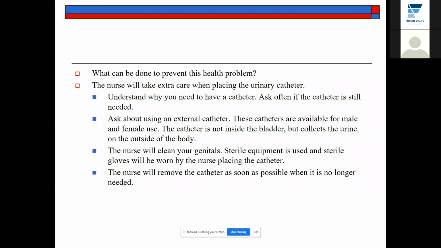Who are the patients who need a Foley's catheter? Under aseptic procedure, what else, in normal conditions, not a procedure? If a patient has urinary retention, thank you, then we need to put a Foley's catheter.